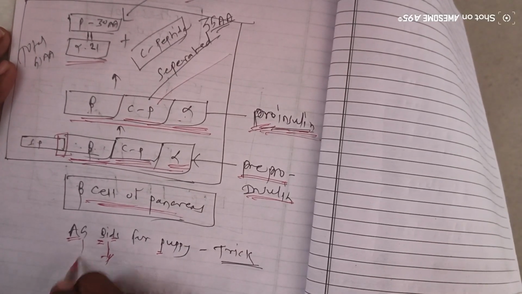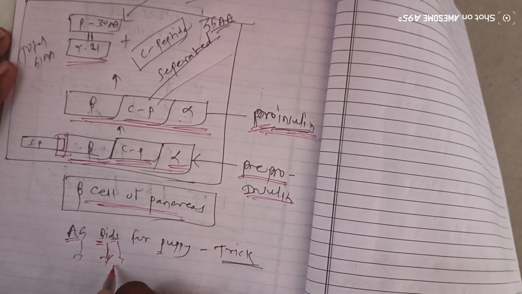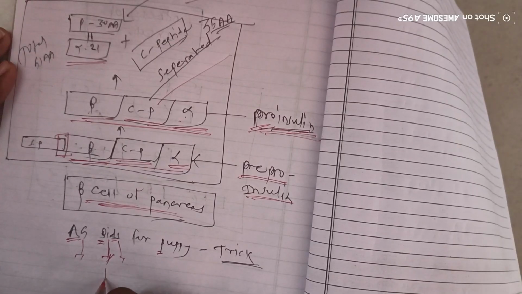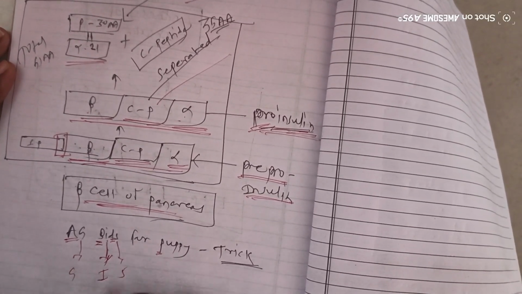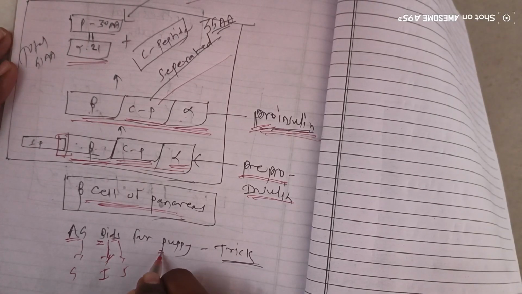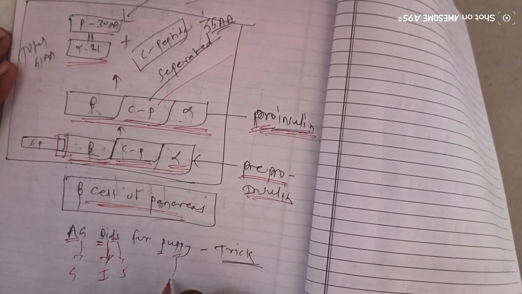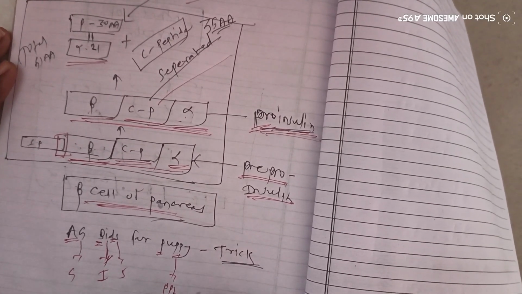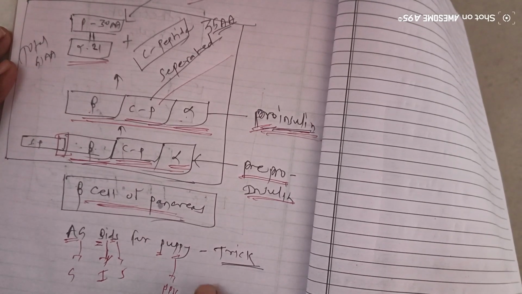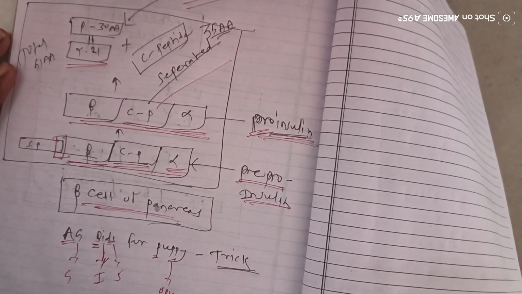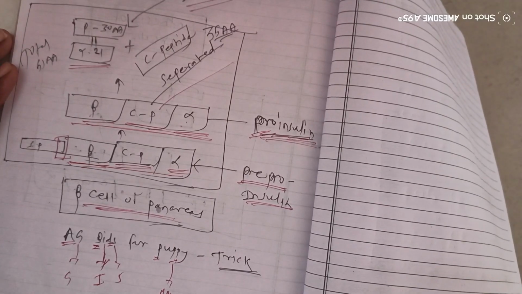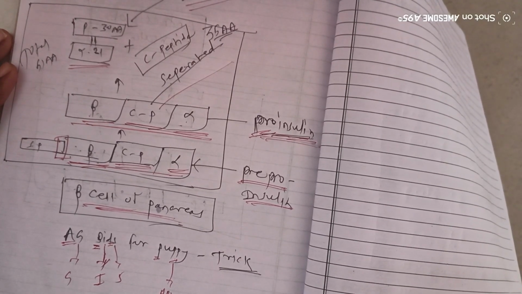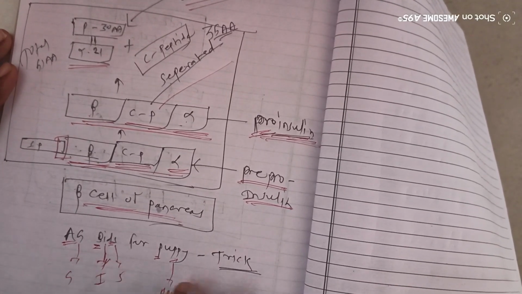Alpha cell secretes glucagon, beta cell secretes insulin, delta cell secretes somatostatin, and pancreatic polypeptide cell secretes pancreatic polypeptide hormone. That is four major cells.